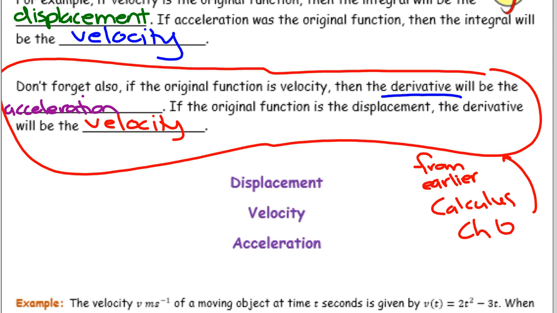I've got a little picture here: displacement, velocity, acceleration. If I'm going down like this, am I differentiating or integrating? Differentiating.